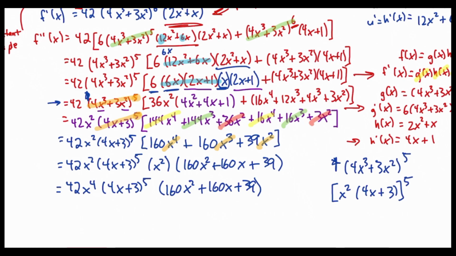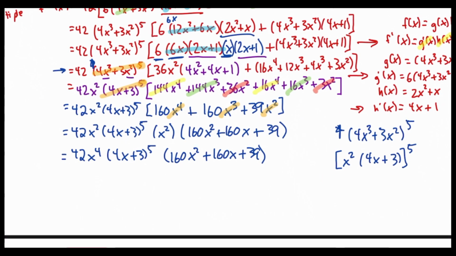So basically, if I'm trying to take this out, this is the same as (x squared) to the power of 5 times (4x plus 3) to the power of 5. So this part can stay the same, that's fine, but I forgot to do my exponent rule where I'm finding the exponent of an exponent. So this is equal to x to the power of 10 times (4x plus 3) to the power of 5.